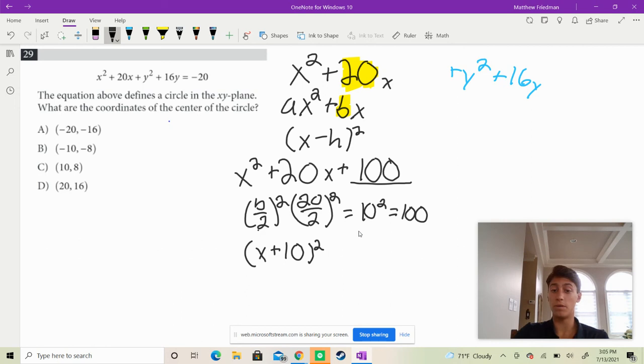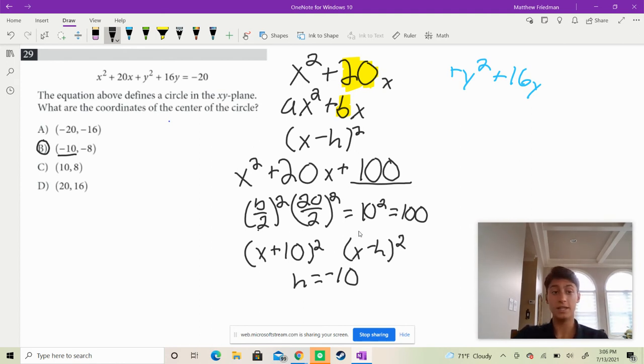If this is in the form x minus h squared, h equals negative 10, or our x coordinate is negative 10. So now we need to look at the answer choices with an x coordinate of negative 10. B is the only one. So that means that B is our correct answer. So we don't need to go any further.